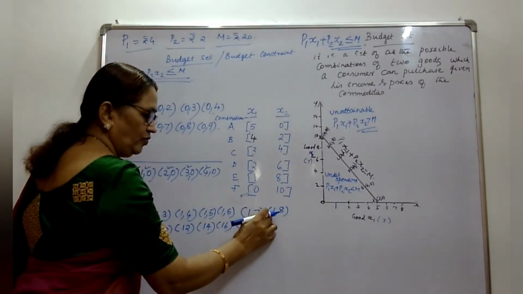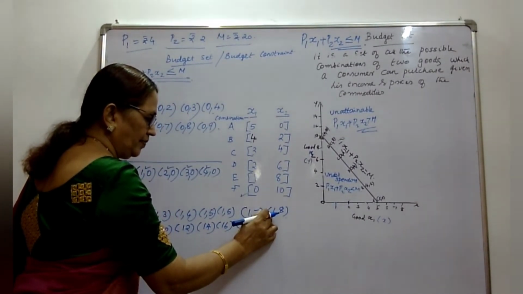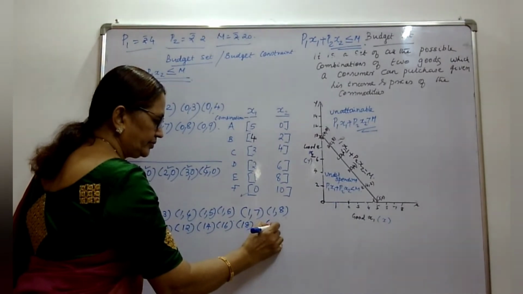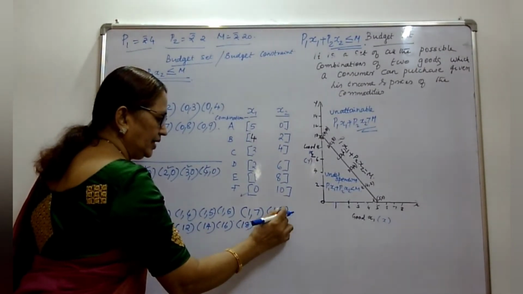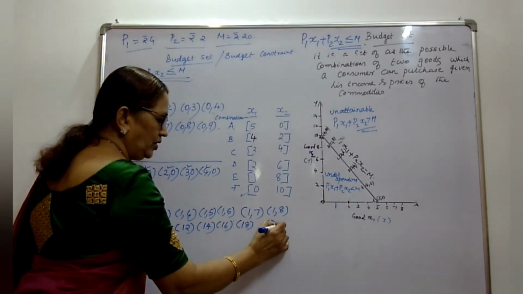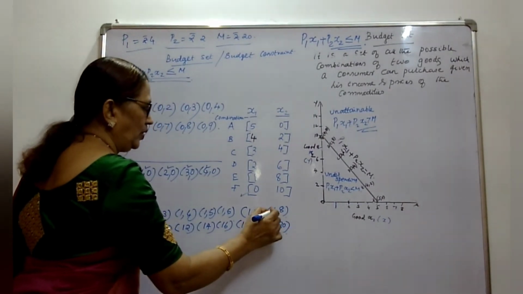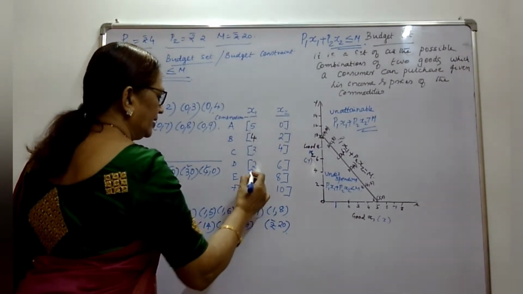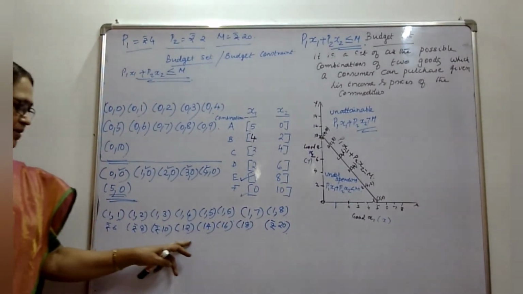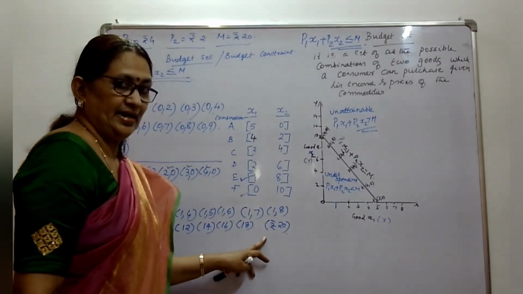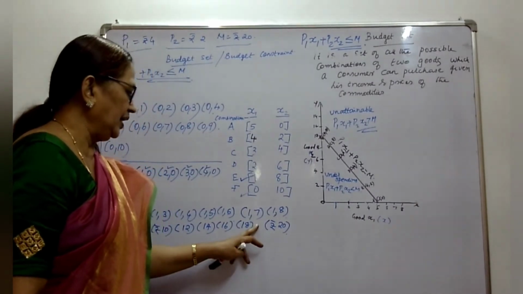Next 1, 8. That is 4 rupees for the first commodity and 16 for the second commodity. So 20. So 1, 8. So it contains all the bundles which are less than income and equal to income.